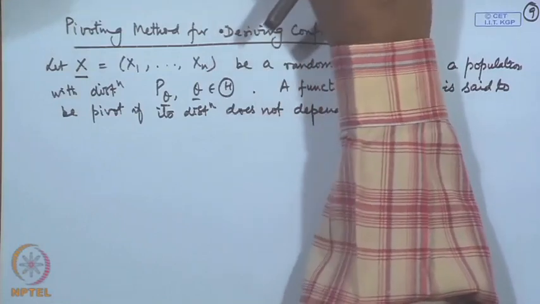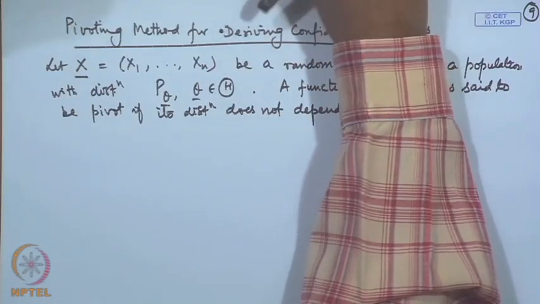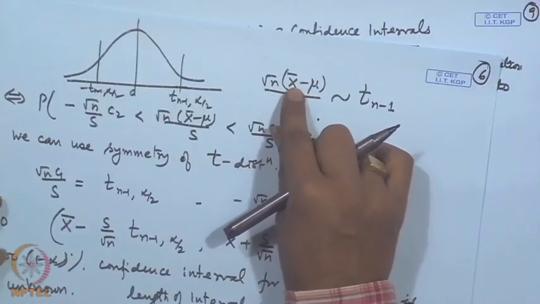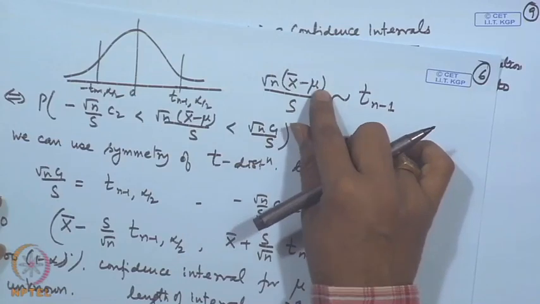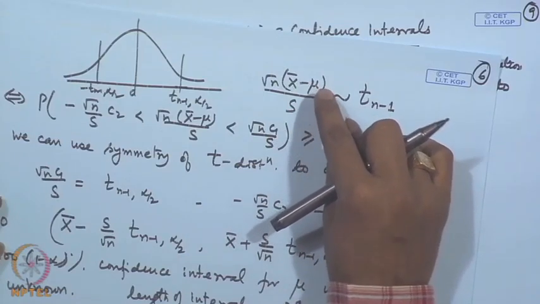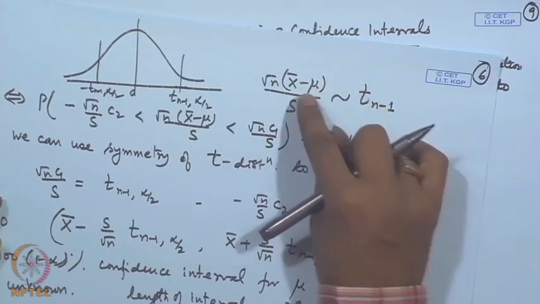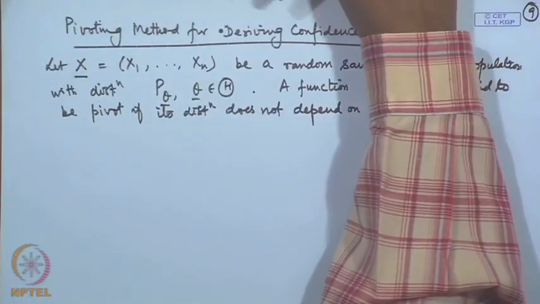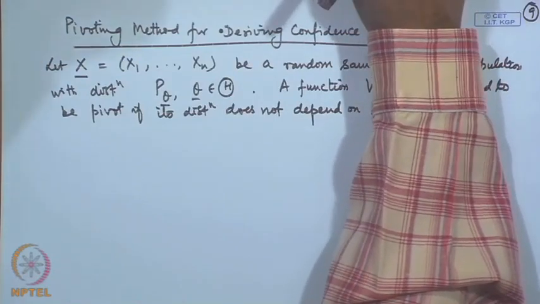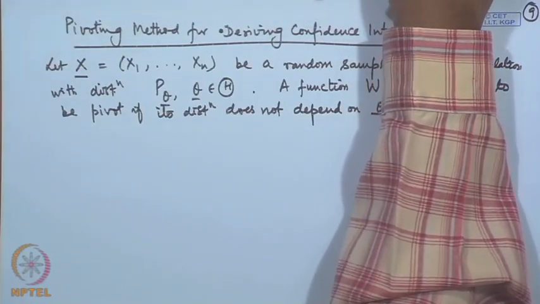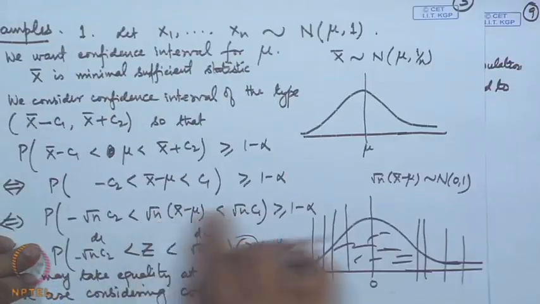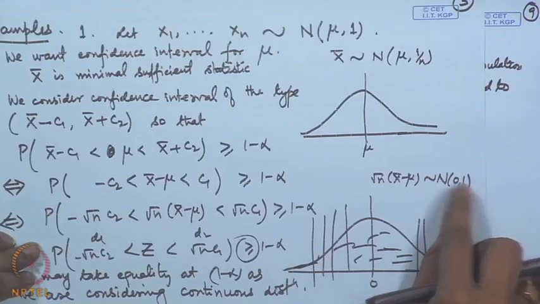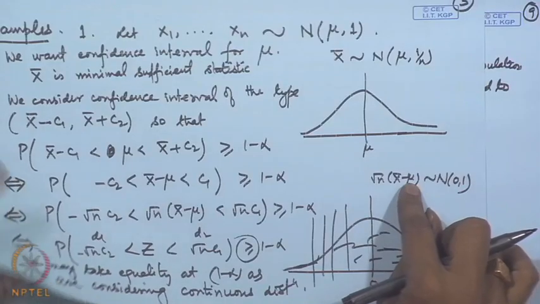So, in the previous problem, let us consider root n (x bar minus mu) by s. This has a distribution which is not dependent on mu or sigma square. So, this is a pivot. In the earlier exercise, root n (x bar minus mu) has a distribution which is independent of mu. So, this is a pivot.